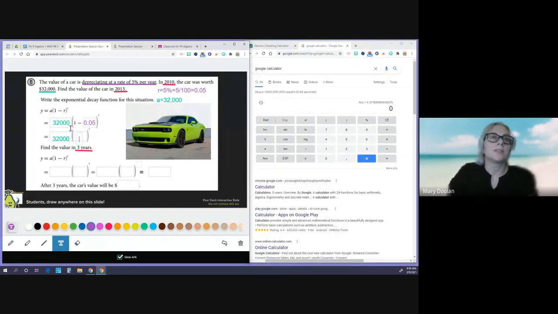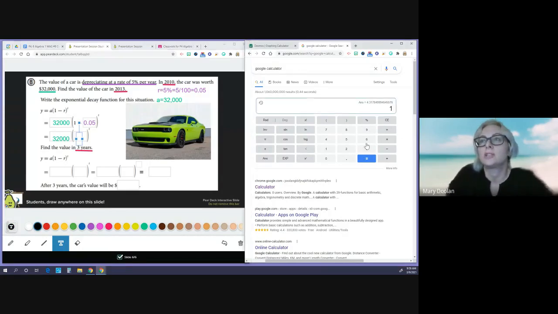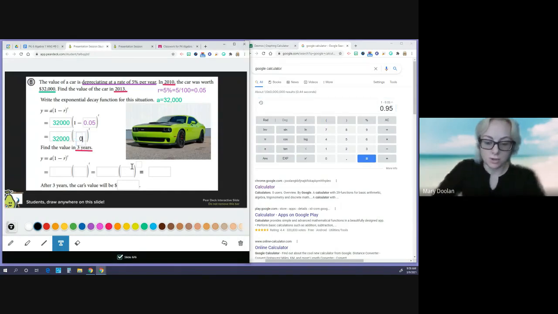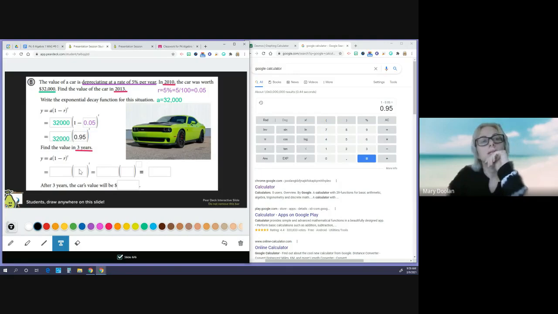We have to simplify this. What is 1 minus 0.05? Use a calculator. 1 minus 0.05. Yep, you're right, Mauricio, 0.95. So that's what you're going to type here, 0.95. That was the only difference. We got to subtract when it's decay or decreasing.